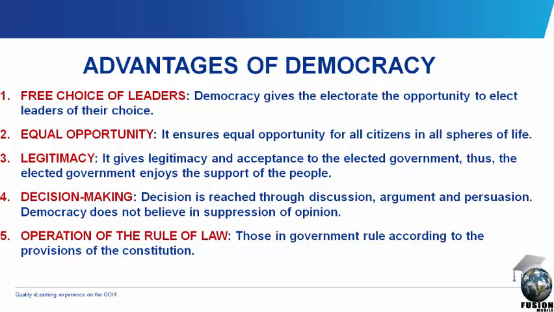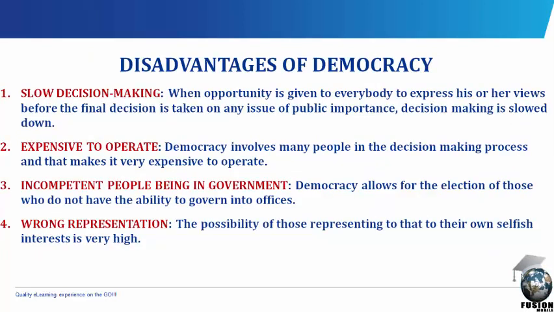Number four, decision is reached through discussion, argument, and persuasion. Democracy does not believe in suppression of opinion. Number five, those in government rule according to the provisions of the Constitution. Thus, the rule of law is operated in every democracy.